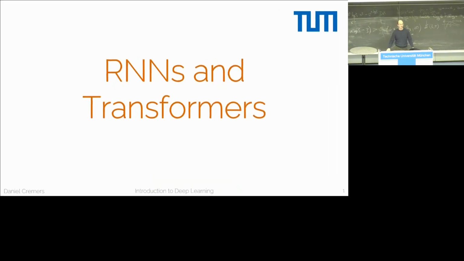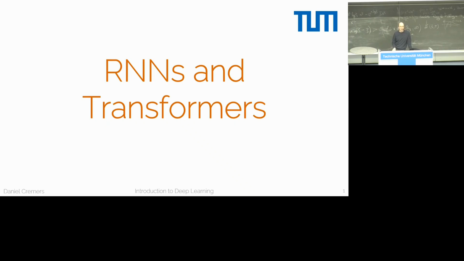That brings me to the next part. This is the part that will mainly cover recurrent neural networks, RNNs, and transformers. So in this lecture, we learn a lot about new architectures, not just the U-Net, encoder-decoder networks, but also transformers and RNNs.